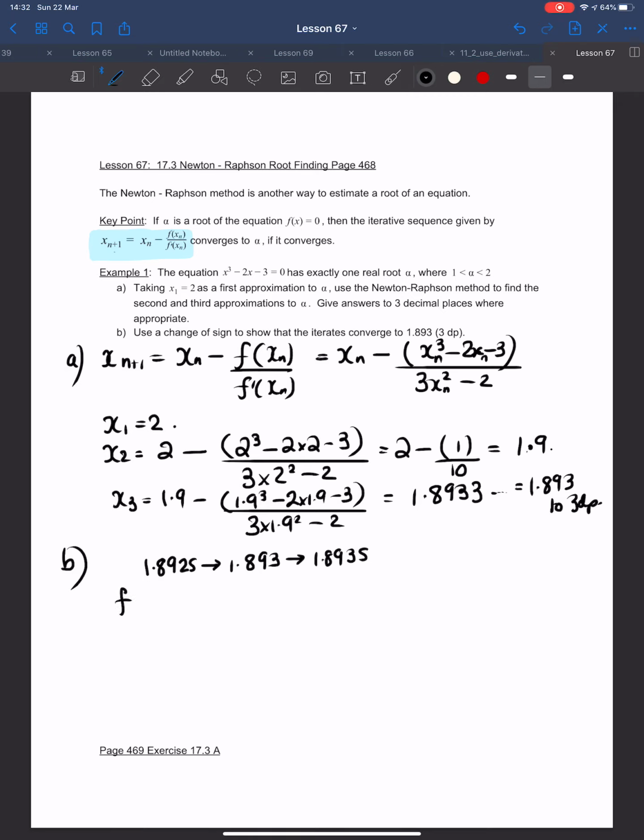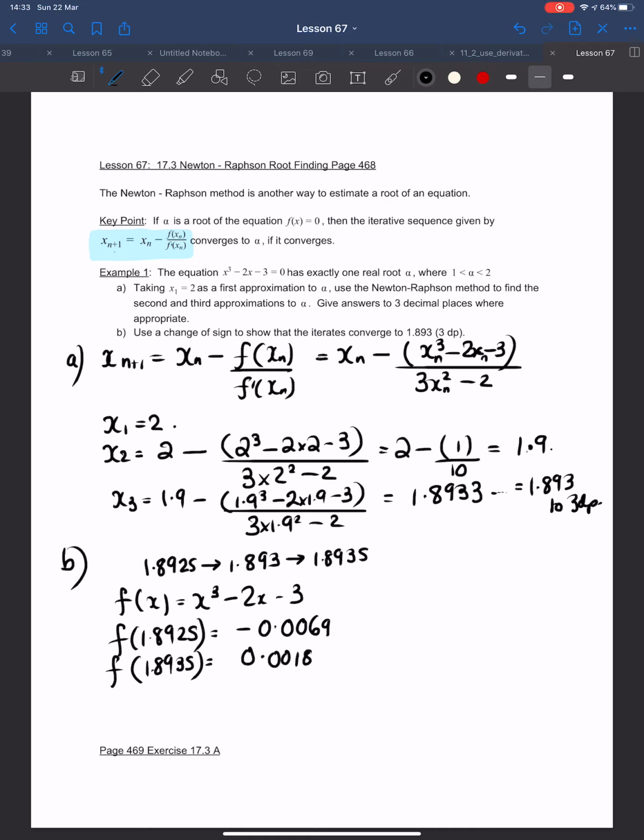So if we say f of x is x cubed minus 2x minus 3, f of 1.8925 is negative, I've got the answer in front of me, 0.069. F of 1.8935 is positive, 0.0018.